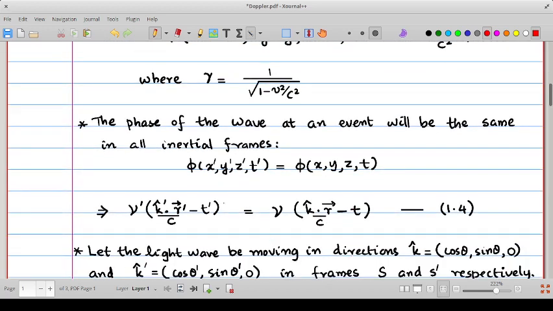Denoting the frequency of the wave in the frame S dash by nu dash, its wave vector by k dash, position vector by r dash and time by t dash, we write this relation as: nu dash times (k cap dash dot r dash by c minus t dash) equal to nu times (k dot r by c minus t).